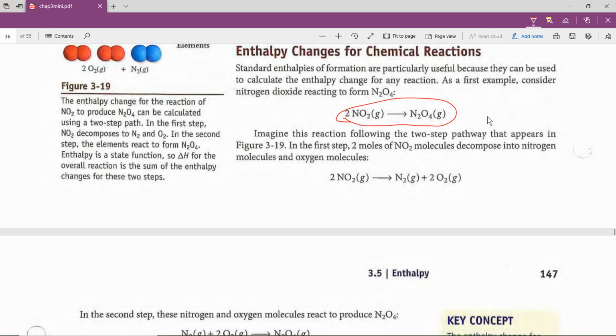But I can still get the delta H naught for the reaction. What you do is take 1 times the delta H naught of formation of N2O4 minus 2 times the delta H naught of formation of NO2. That is the short way, known as the shortcut of Hess's law.